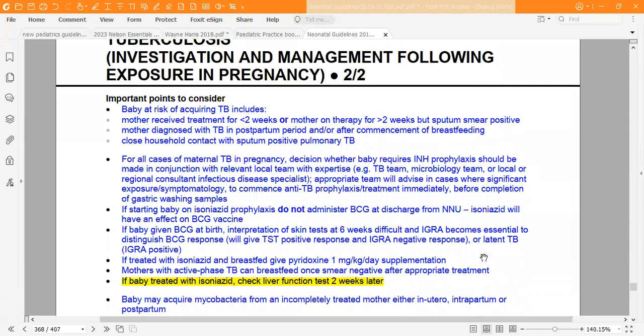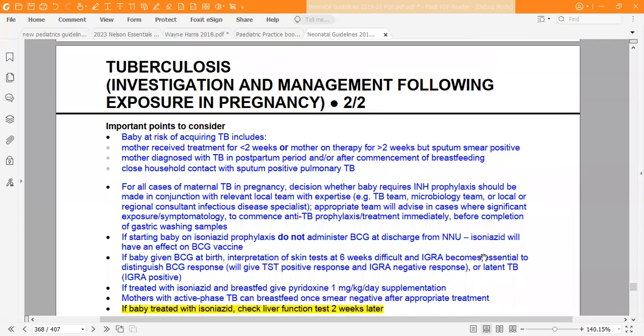Important points to consider. Babies at risk of acquiring TB include those whose mother received treatment for less than 2 weeks, or whose mother was on therapy for more than 2 weeks but is sputum smear positive.